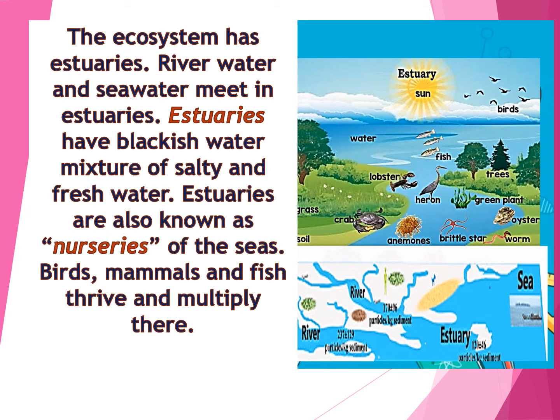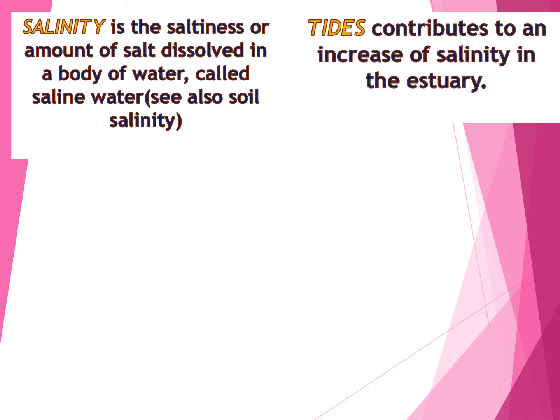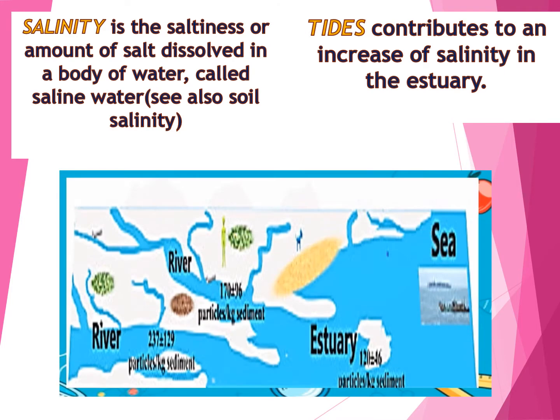Birds, mammals, and fish thrive and multiply there. Salinity is the saltiness, or amount of salt dissolved in a body of water, called saline water. Tides contribute to an increase of salinity in the estuary.